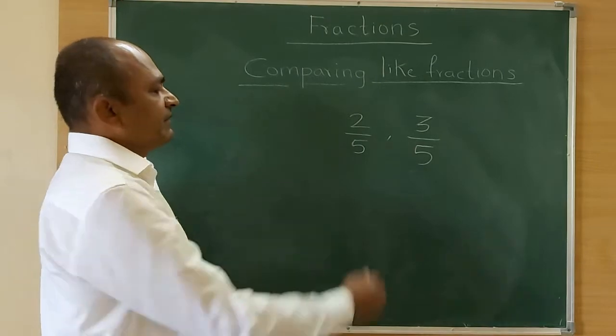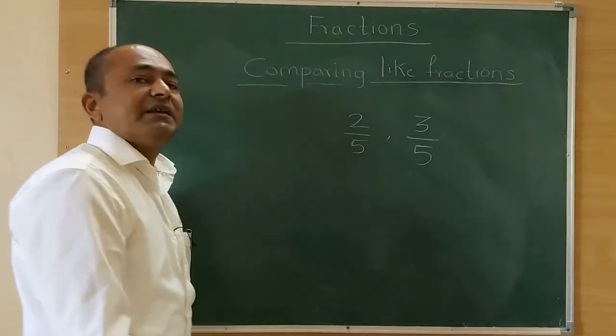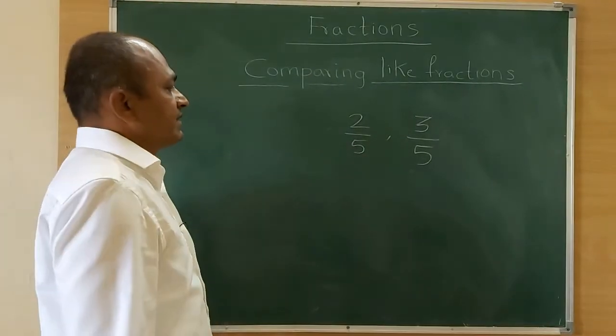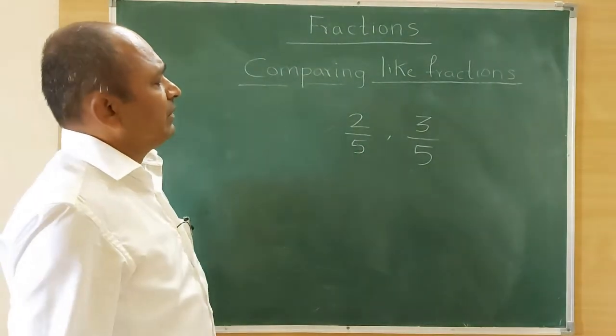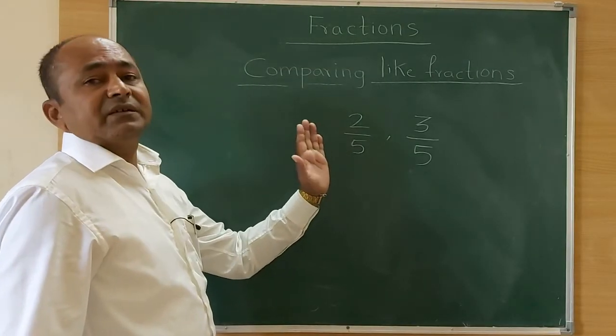Both fractions are like fractions. The denominator in this case is 5, and in this case also it is 5. So both are like fractions. How will you compare? Which is the greater fraction? We have to learn with this.